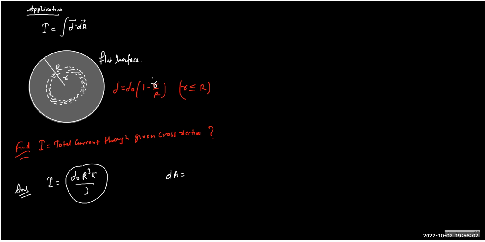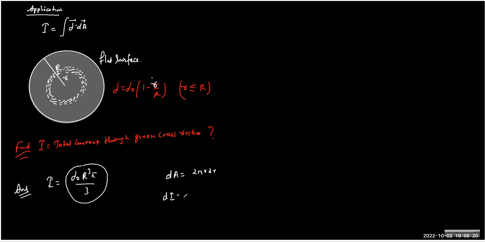Do you realize this? J is constant here. Since J is a function of r, I should go r to r plus dr, because in that dr, J is almost constant. So we can write 2 pi r dr.